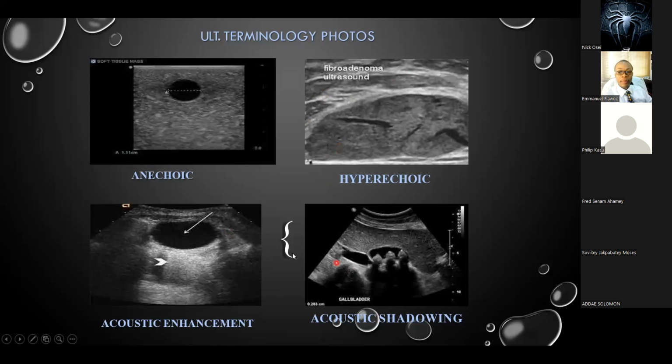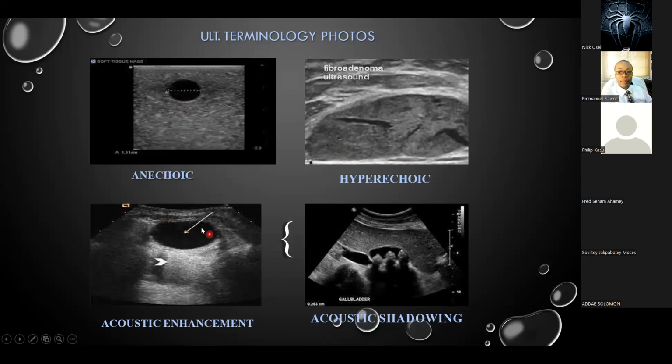Now, let's look at the one on the bottom left. I'm sure you can all see that this is a place that is almost anechoic, okay? Now, usually when you see anechoic areas on ultrasound, they are likely to be fluid or fluid-containing structures, okay?